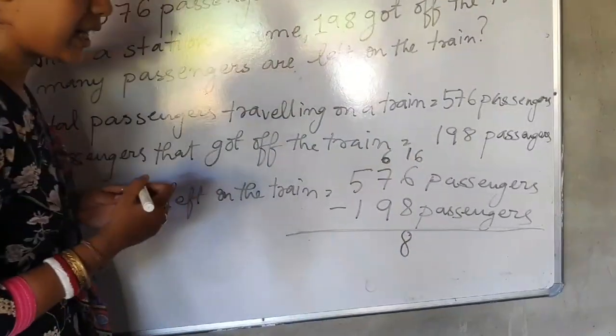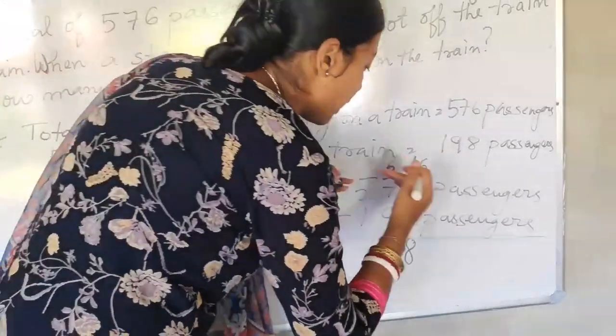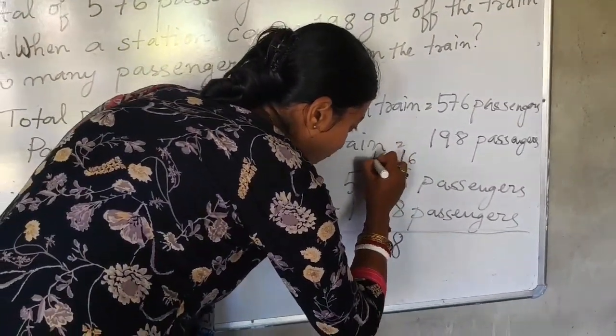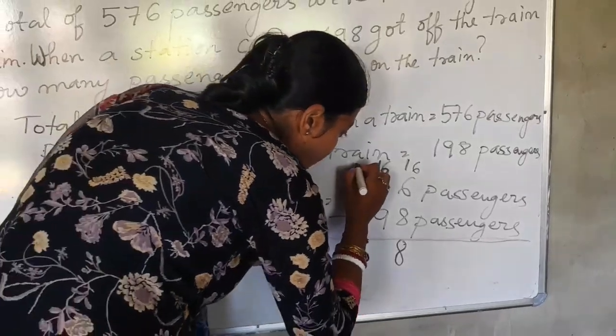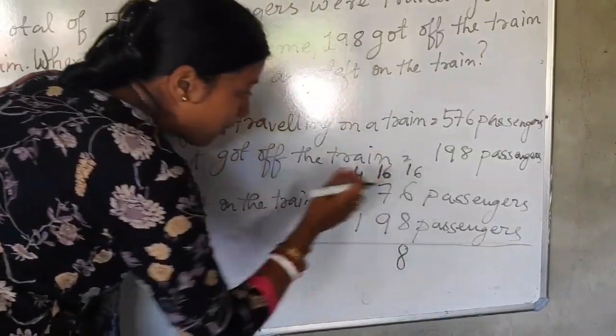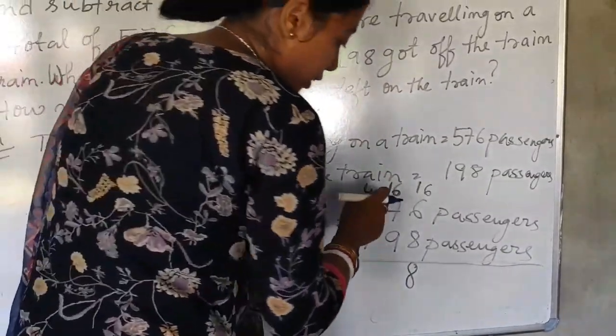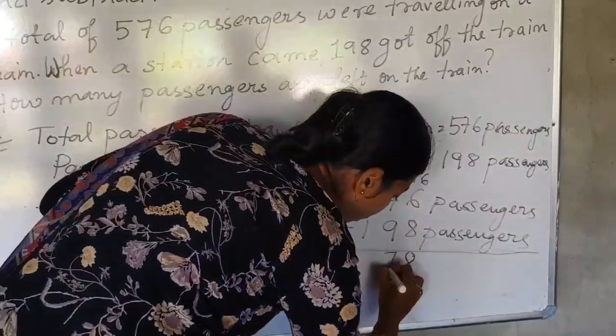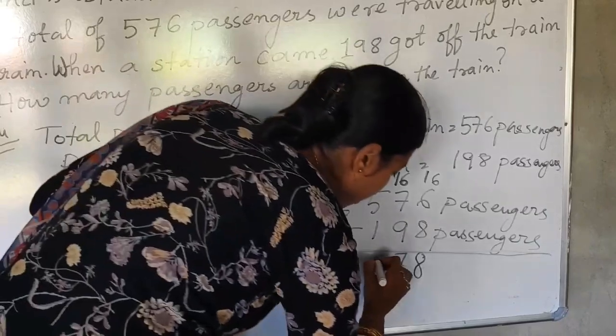Now from 6 again, can we subtract 9? No, we have to again regroup it. From 500 if we regroup, then it will become 16 tens and it will become 400, as 100 is equal to 10 tens. So 16 minus 9 is how much? Again 16 minus 9 will be 7 and 4 minus 1 will be 3.